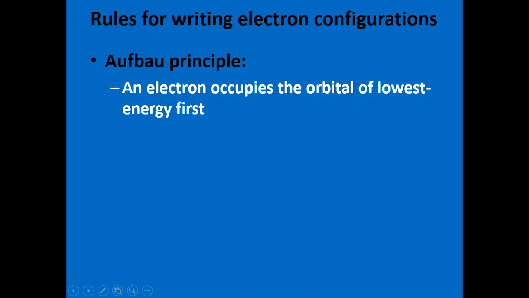So, the previous video talked about the three rules, and the first rule is the Aufbau principle, where an electron occupies the lowest energy orbital first.